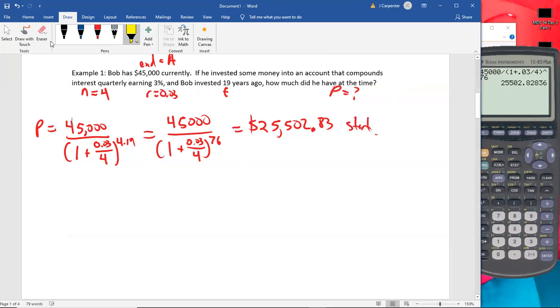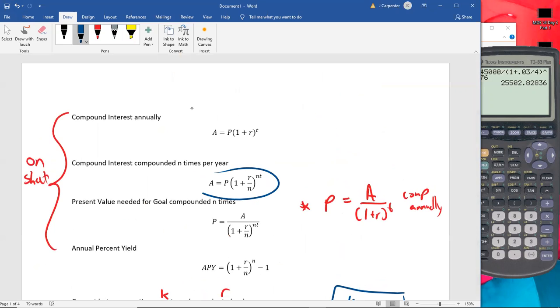So if I had done the wrong formula, I wish I'd done that in blue. If I had said, oh, well, let's go with A equals 45,000 times (1 plus 0.03 over 4) raised to the 76, that would have been plugging it into this formula.